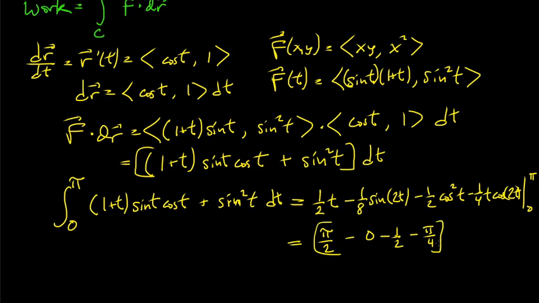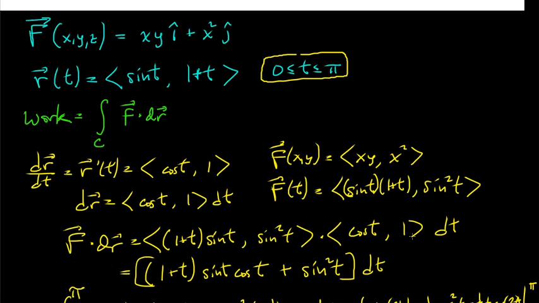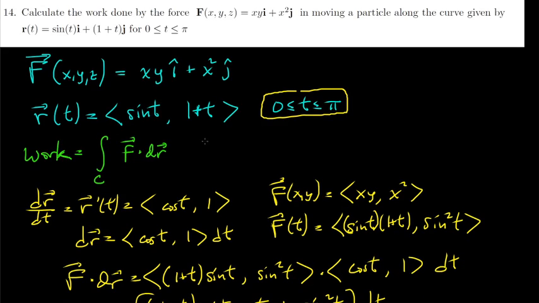And then when you plug in 0, you just get 0 minus 0. Cosine of 0 is 1, so minus 1/2. And then 1/4 times 0 is 0. So I think we're just going to get pi over 2 minus 1/2 plus 1/2 minus pi over 4. So I think that's just pi over 4. So that's how much work is done to move an object along that curve. It's pi over 4.